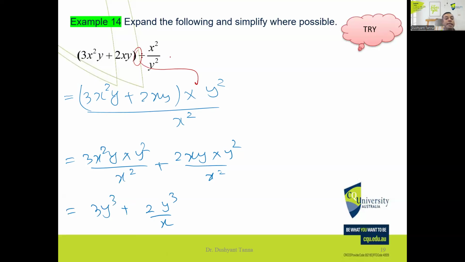And then you swap y square and x square. So it doesn't matter where you keep them. The y square will be multiplied and x square will be divided. So what you would have written is y square over x square like this. What does this mean? Y square is multiplied and x square is divided. That's what it means here.